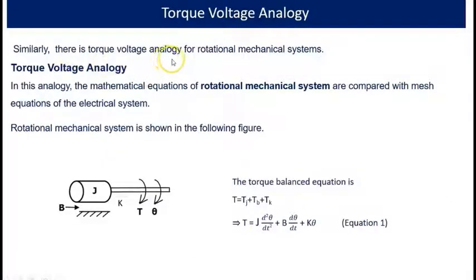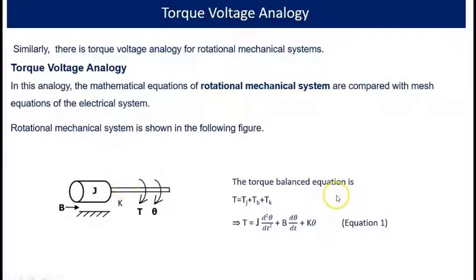There is a torque voltage analogy for rotational mechanical systems, similar to the force voltage analogy for translational mechanical systems. In this analogy, the mathematical equations of the rotational mechanical system are compared with the mesh equations of the electrical system. First, consider this rotational mechanical system.